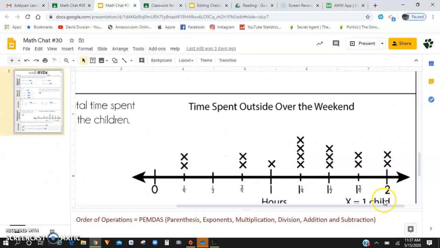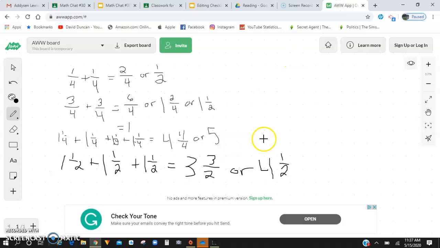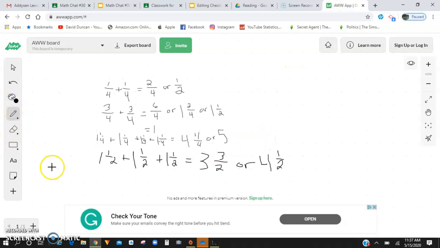Now I have two 1 3/4s. So I'm going to do 1 3/4 plus 1 3/4. That's going to be 2 wholes and 6/4.